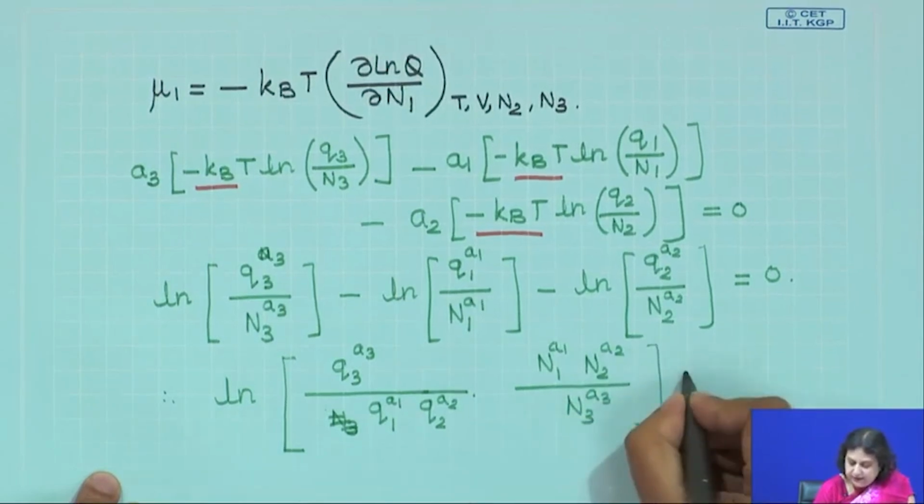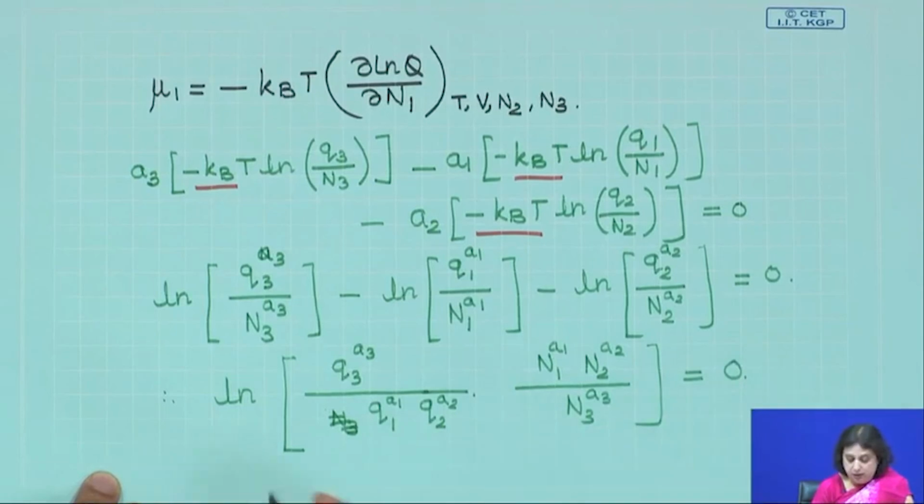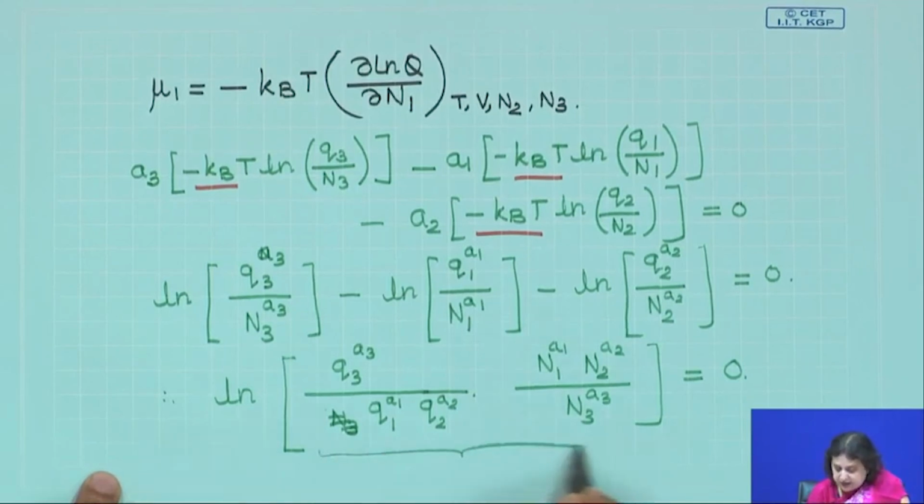This entire thing must be equal to 0. Logarithm of this quantity is equal to 0. So, basically I must be able to say that whatever appears within this bracket must be equal to 1.